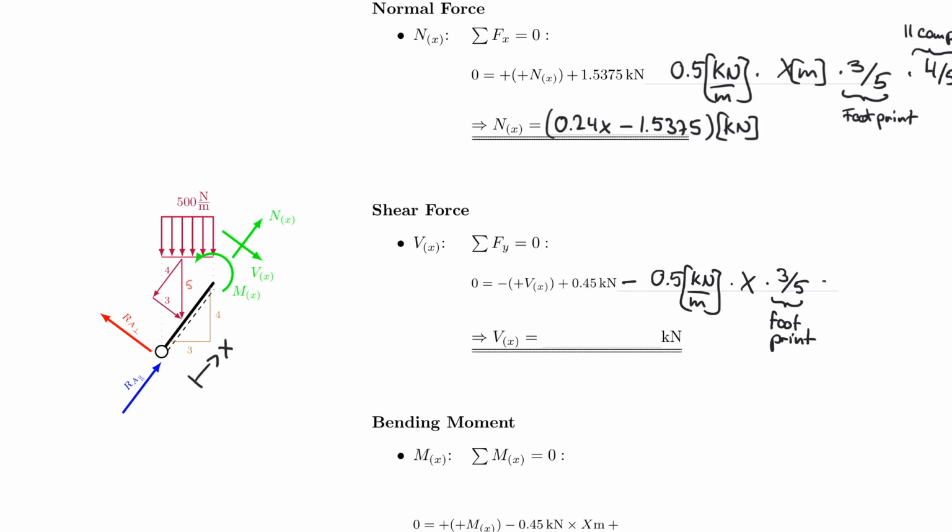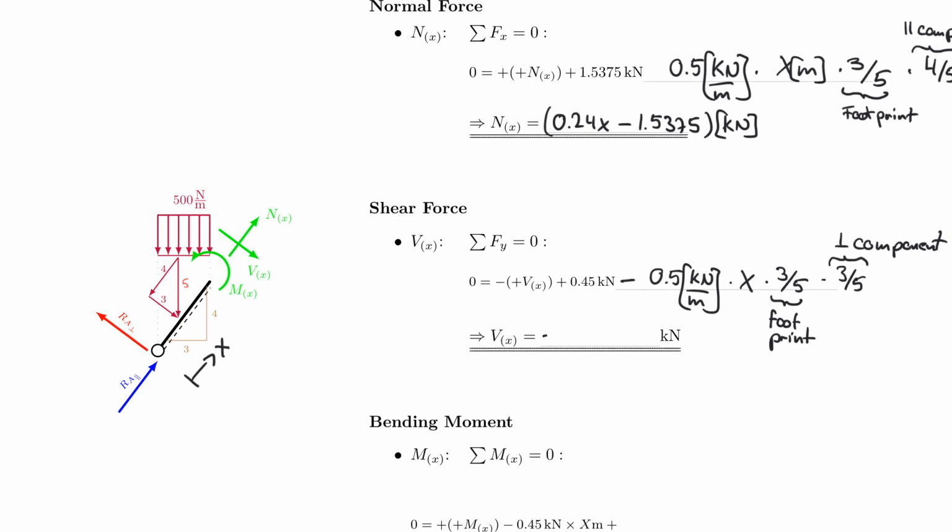And then I need to get the perpendicular component, which is also 3/5. So this is the perpendicular component. So very similar to before, except the other direction, so 90° to the normal force. If I solve this equation, it actually turns out to be negative 0.18x plus 0.45 kilonewton.